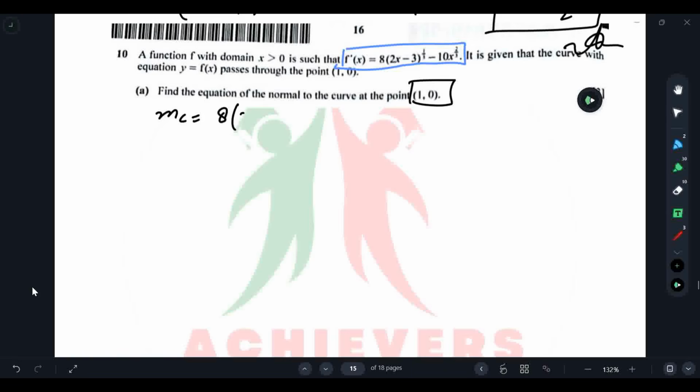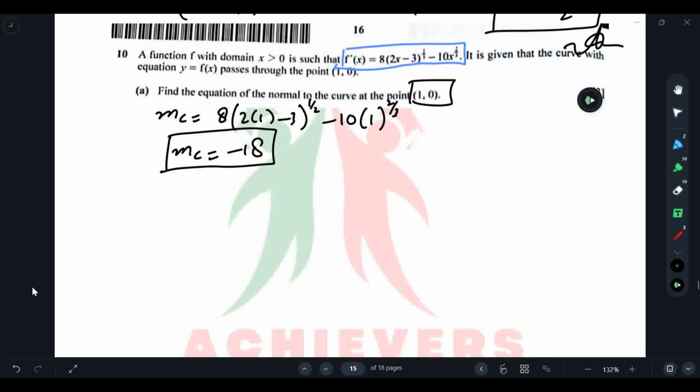So just put 1 over here. 1 minus 3 whole power 1 by 2 minus 10 into 1 power 2 by 3. And from here, if we simplify it on calculator, gradient of the curve will be minus 18. So if gradient of the curve is minus 18, gradient of the normal will be 1 over 18.